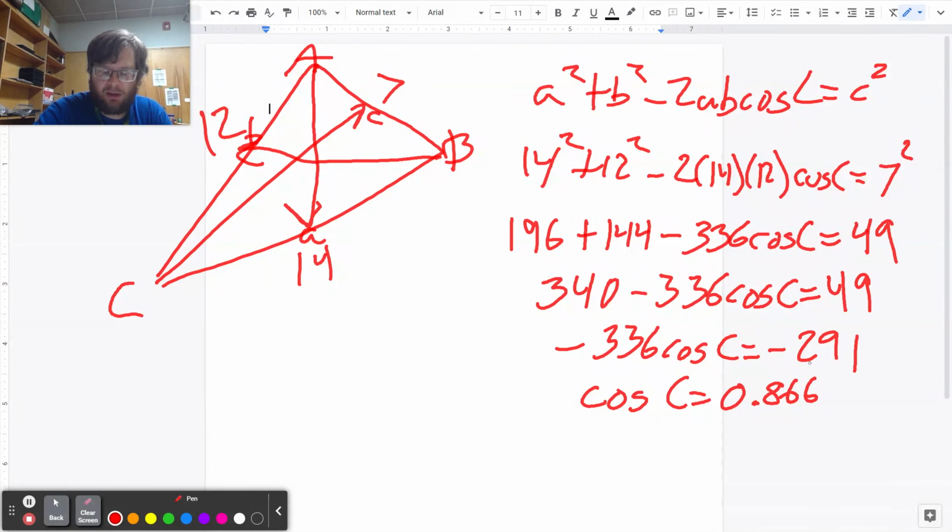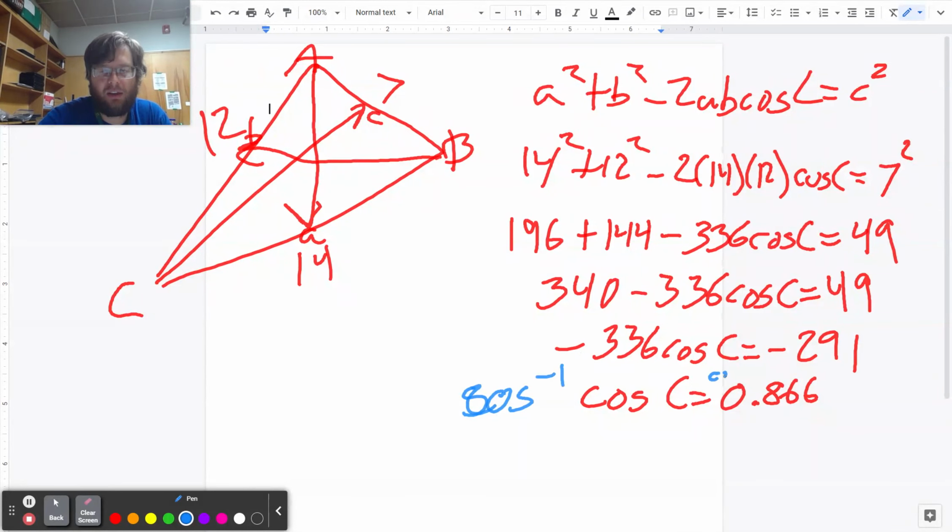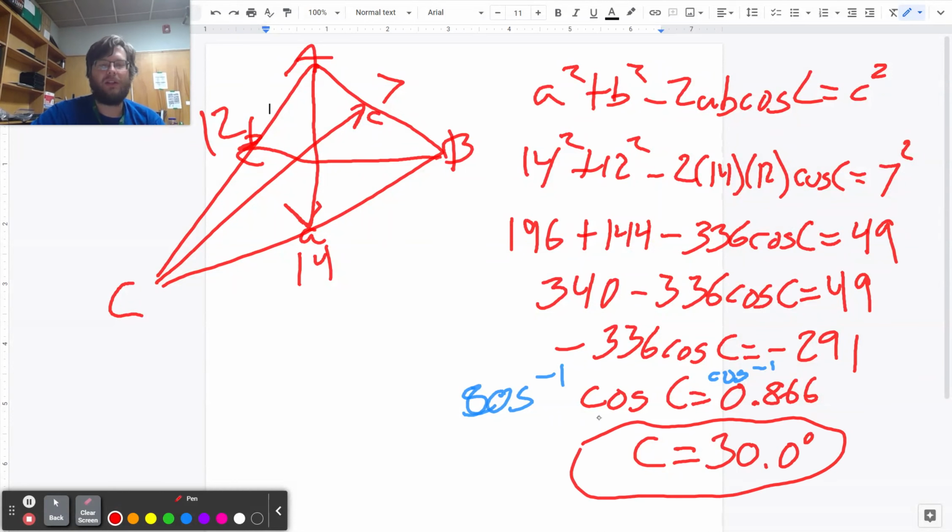And then I will, if you watched the last video, I talked about how you have that extra button on your calculator that looks like this. It's the same cosine button, but it has a little -1 on it. So you hit that button and type in 0.866, and it'll tell you the angle measurement. And so we know that C is 30.0 degrees. And so that's an example of using the cosine rule to find an angle.